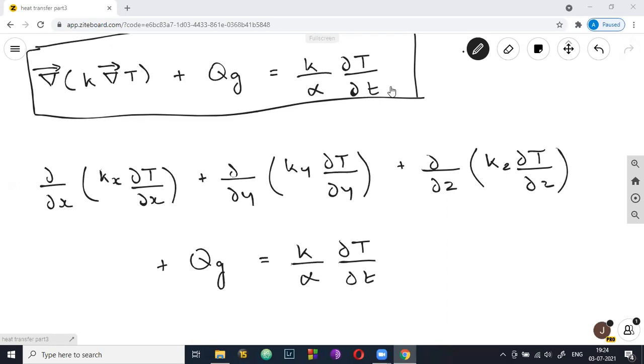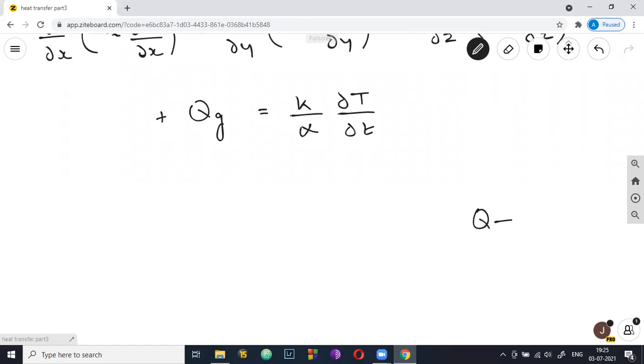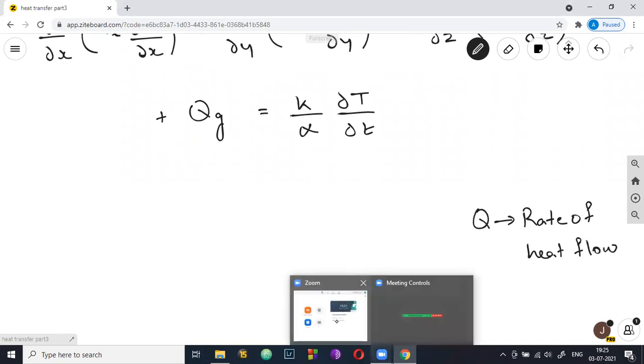Are you talking about Qg, or are you meaning just Q? What is the value of Q? Okay, you are just meaning the definition of Q, right? Generally speaking, Q stands for rate of heat flow.